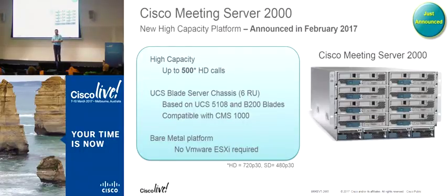So it's a real big scale platform, and it takes up 6 RUs, but we can have up to 500 720p calls. Now, unlike the CMS 1K, this doesn't have any VMware. It's purely got the CMS installed on the platform without VMware. The key point to note is all of these platforms are compatible with each other.